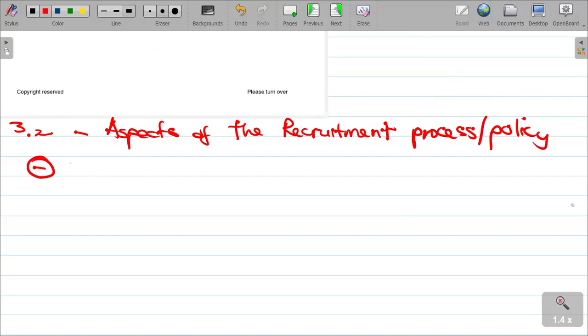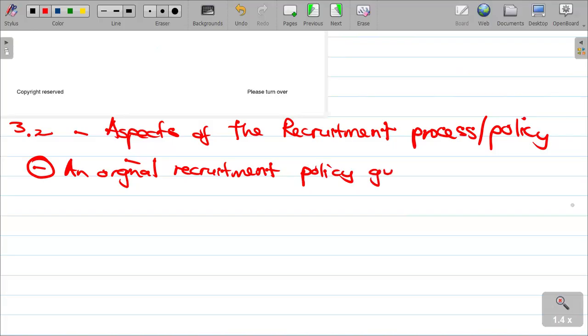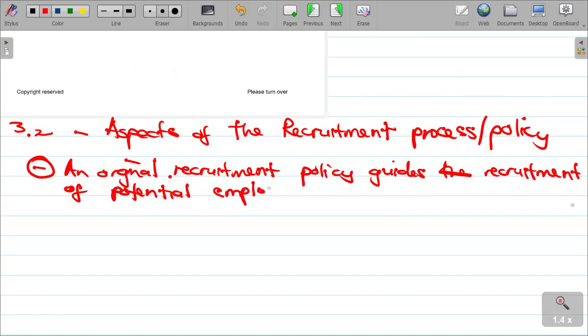Number 1, an organizational recruitment policy, which guides the recruitment of potential employees. There should be a recruitment policy.